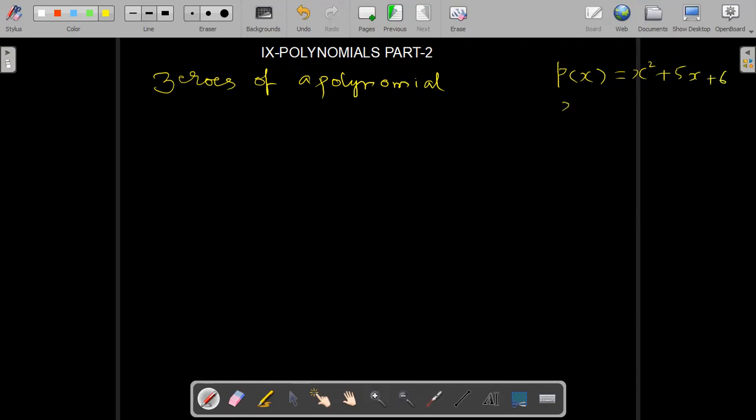And suppose we put x is equal to minus 2 in this polynomial and find its value: minus 2 square plus 5 into minus 2 plus 6, and solve it.